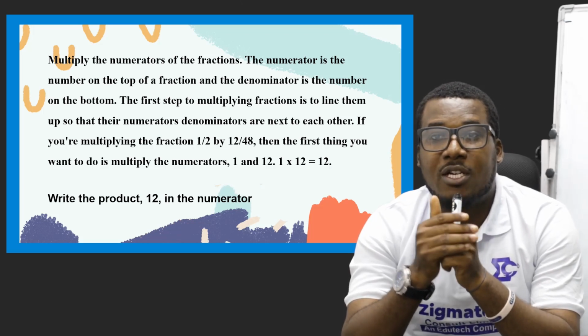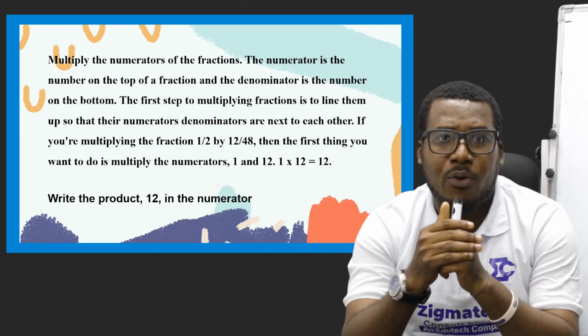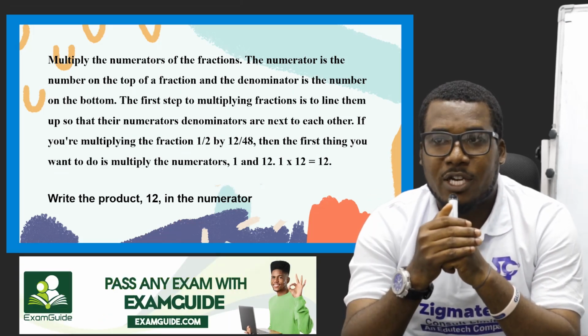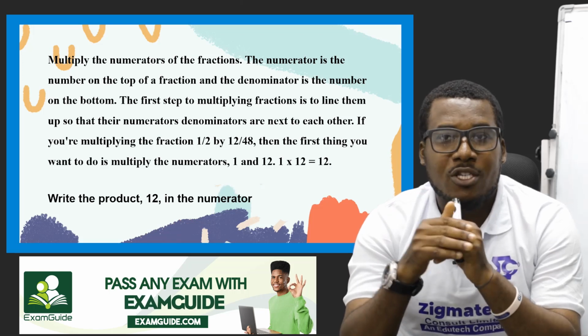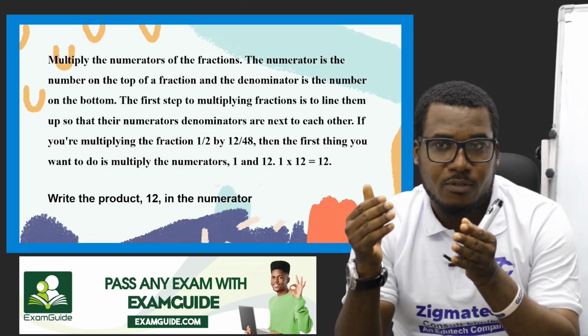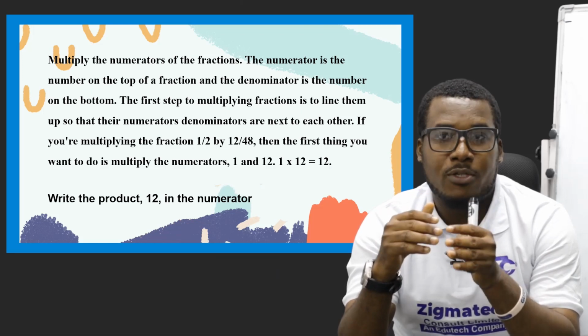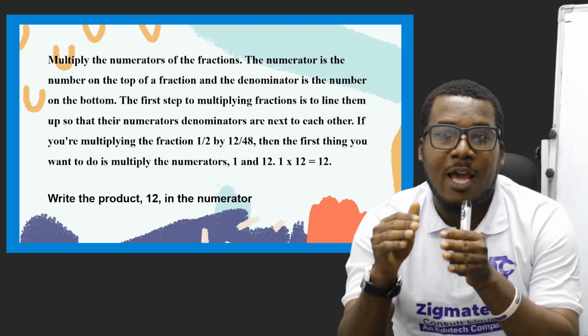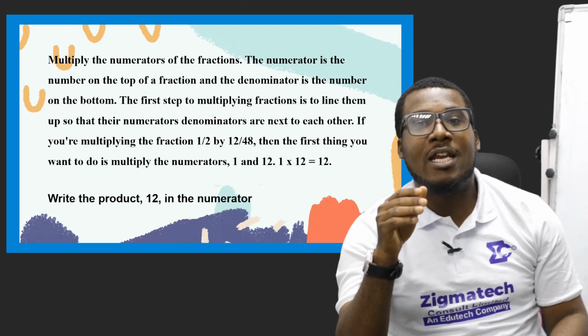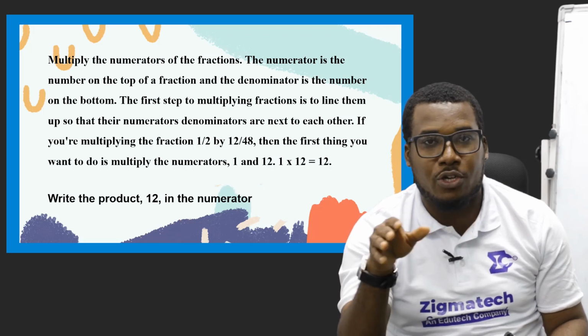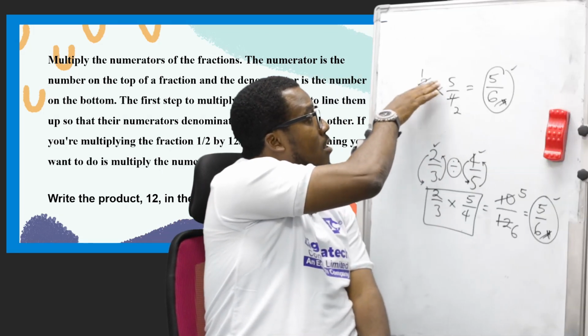The numerator is the number on top. I'm sure you're quite familiar with this from the earlier classes we've had. The numerator is the number on top of the fraction, and the denominator is the number at the bottom. The first step to multiplying fractions is to line them up so that their numerators and denominators are next to each other in this way.